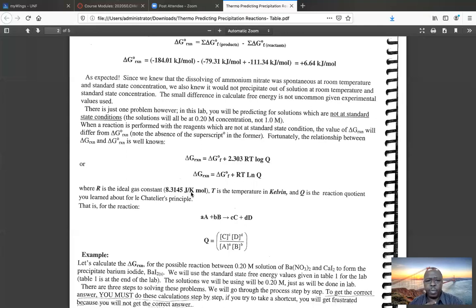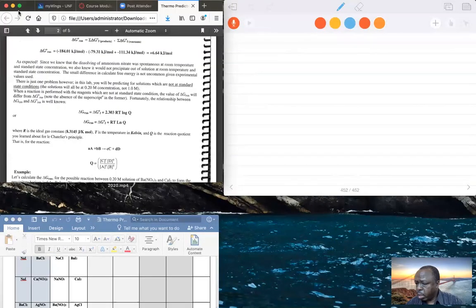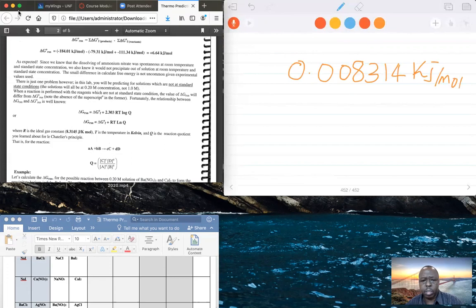I'll recommend for this use 0.0083145 kilojoules per mole, because this delta G naught you will have in kilojoules.